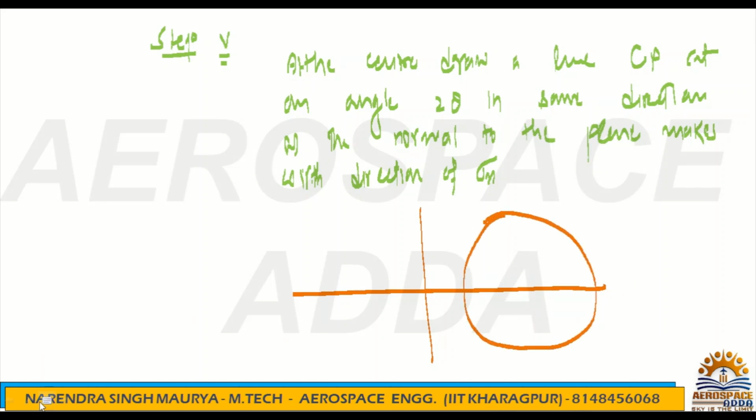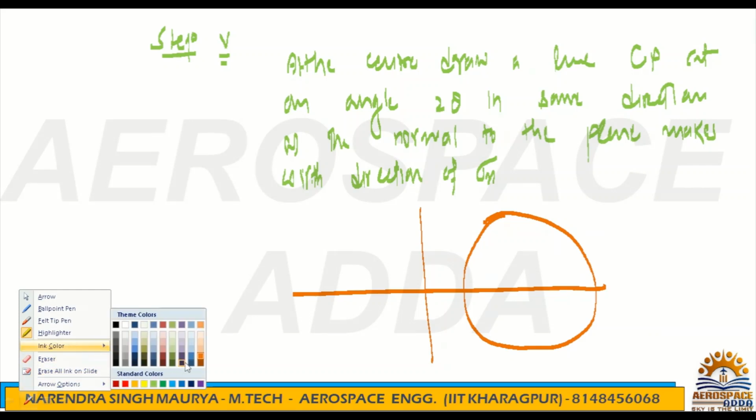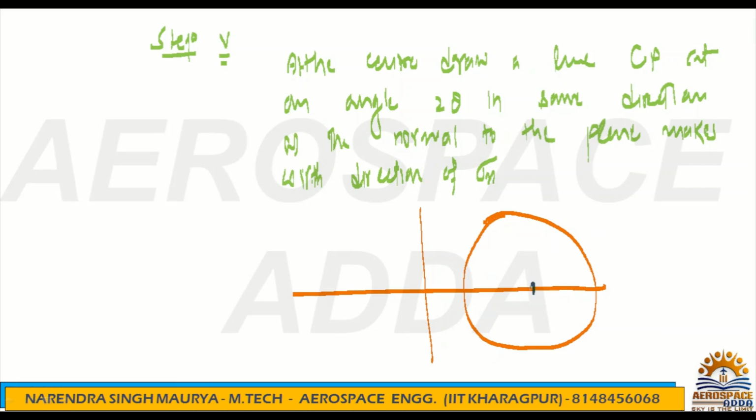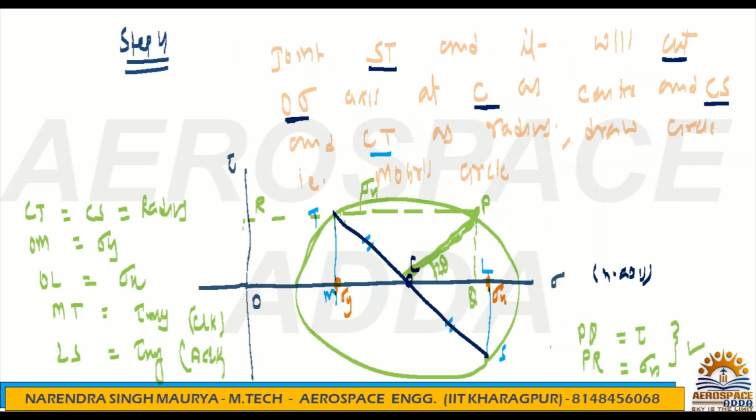For this circle, roughly I am drawing here. So this is the center point C. If you remember, this was T, this was M, this was L, and this was S. Previously, I have drawn like that.